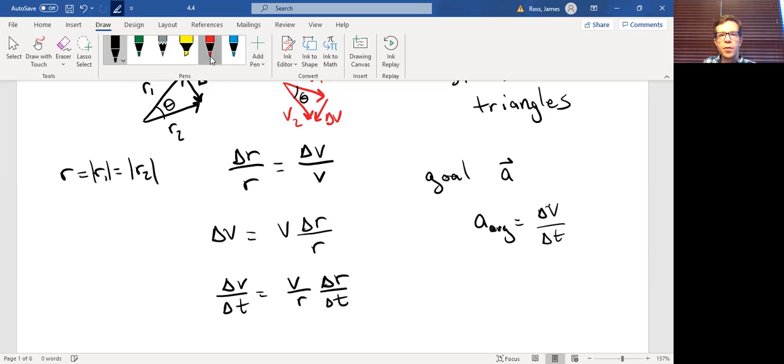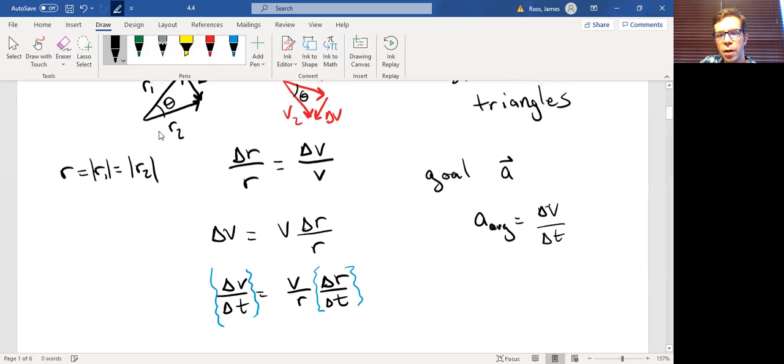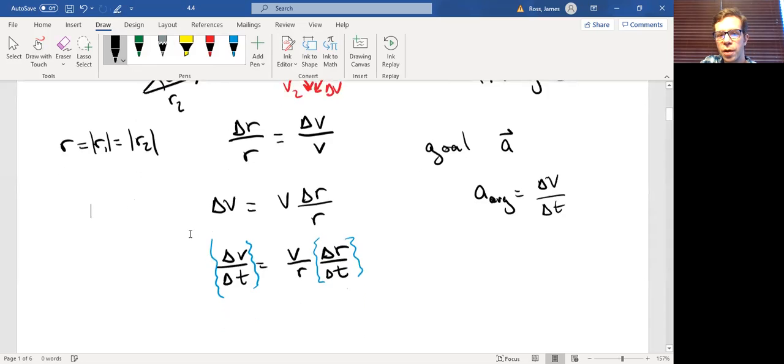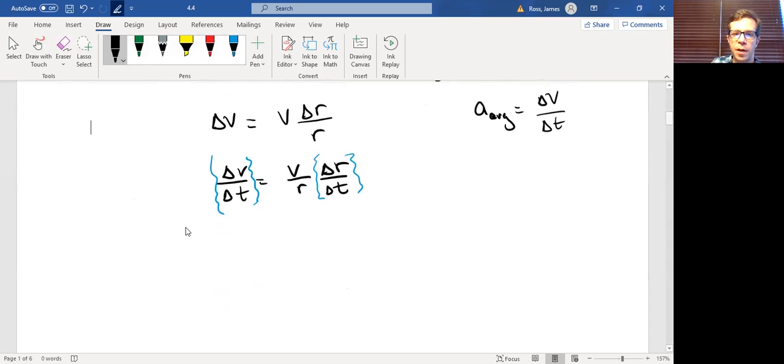All right, so now moving along, I did this because I'm looking for acceleration. So I'm going to consider this together, but we can also recognize that delta R over T has meaning as well, right? The change in position over a change in time is a velocity.